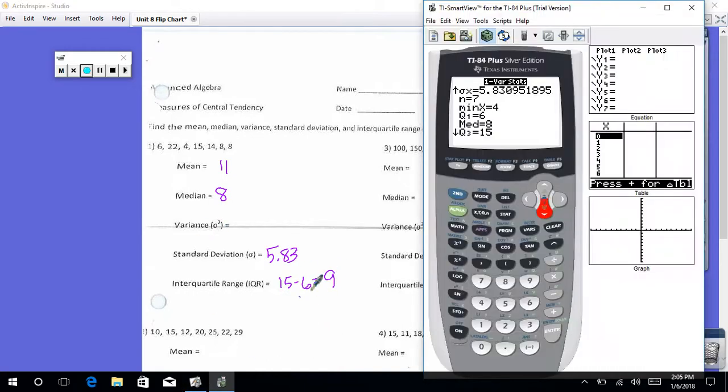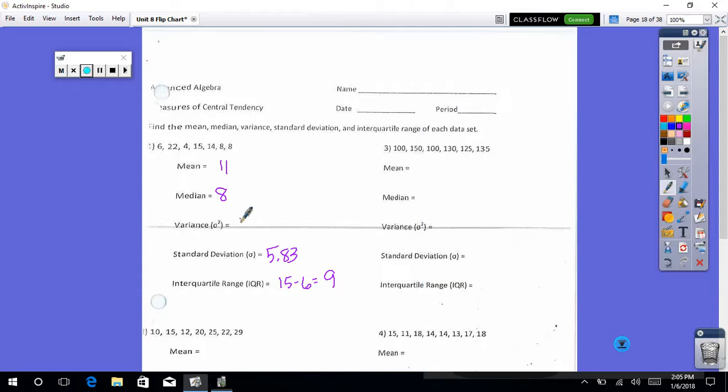And again, to get our variance, we're going to exit out, take our standard deviation 5.83, square it, 33.99 pretty much is our variance. Again, this was Q3 minus Q1. All of these are easily found in your calculator. Variance is the only one that you have to actually calculate yourself, and the interquartile range, but Q3 and Q1 are given to you in the calculator.